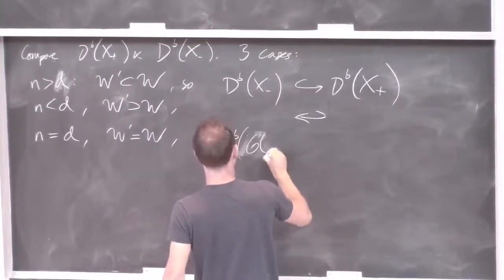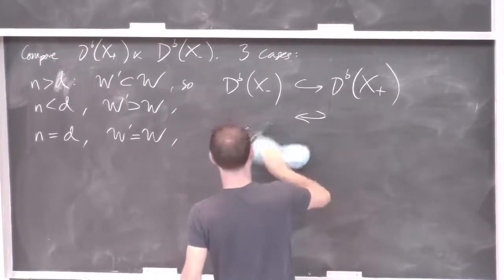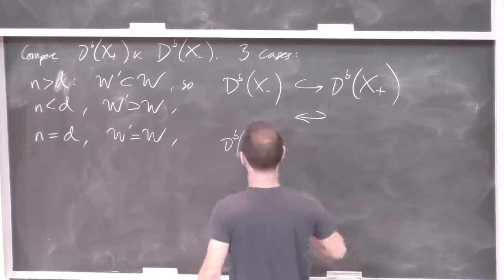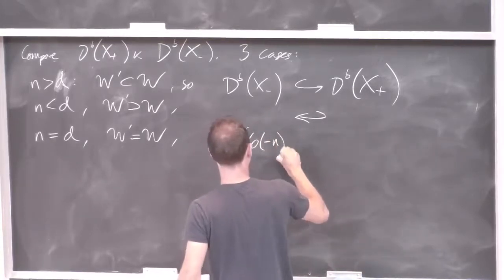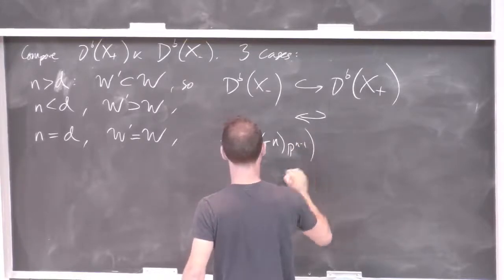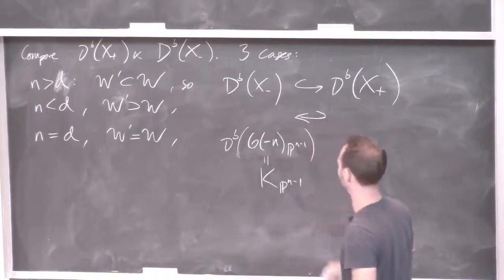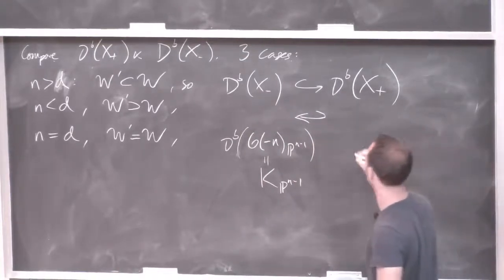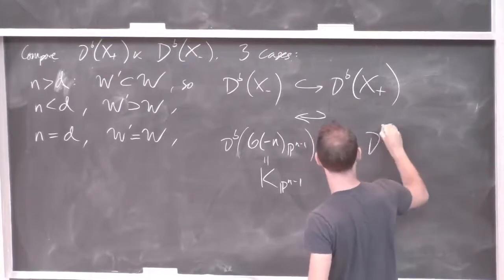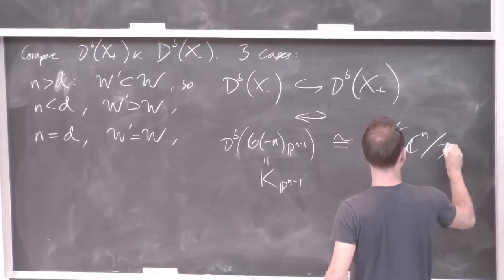The derived category of the canonical bundle of Pn, right, this is x plus. It's the total space of the O minus n bundle, which is the canonical bundle. It's equivalent to the derived category of the orbifold Cn mod Zn.